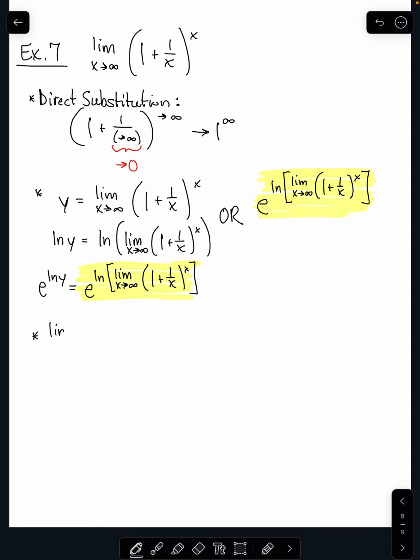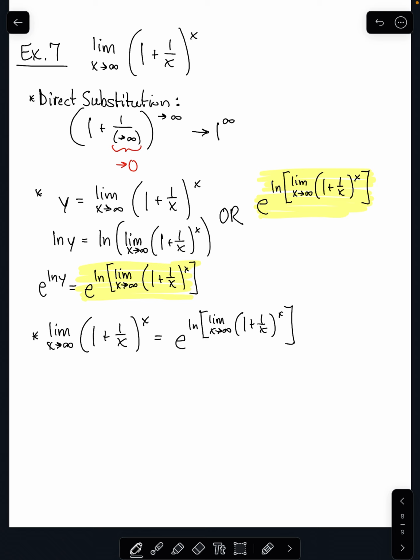So what we have here is that the limit as x approaches infinity of 1 plus 1 over x to the x is equal to e to the natural logarithm of the limit as x approaches infinity of 1 plus 1 over x to the x.